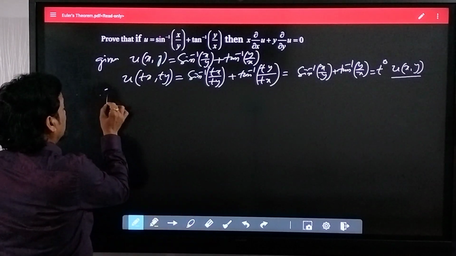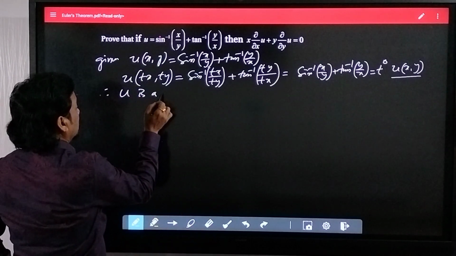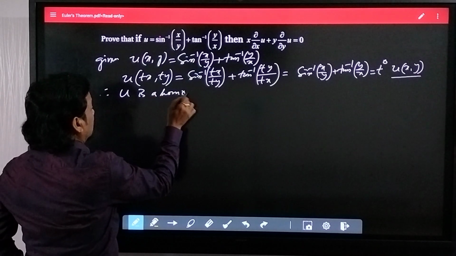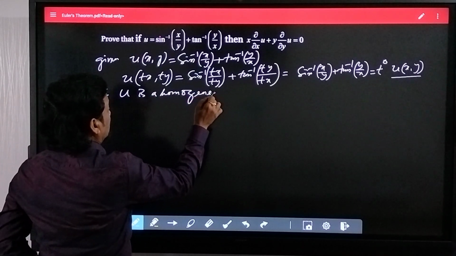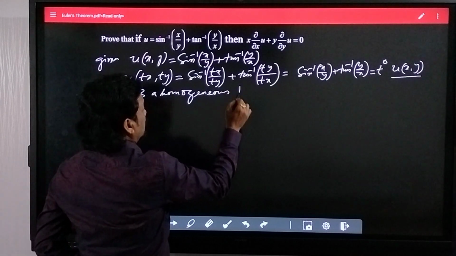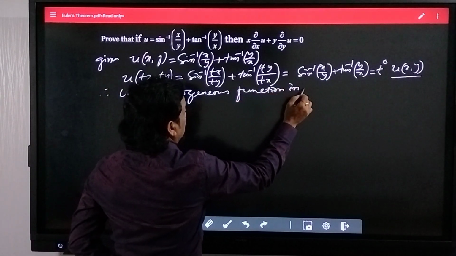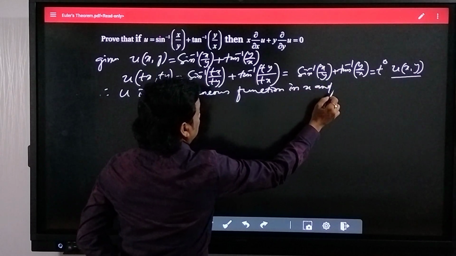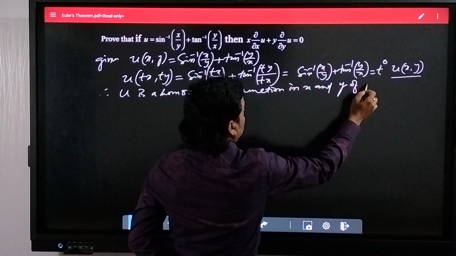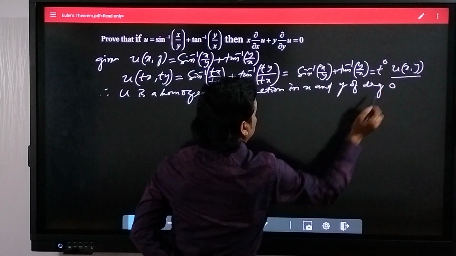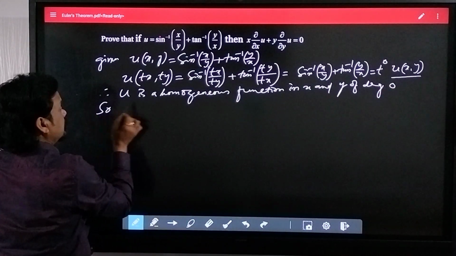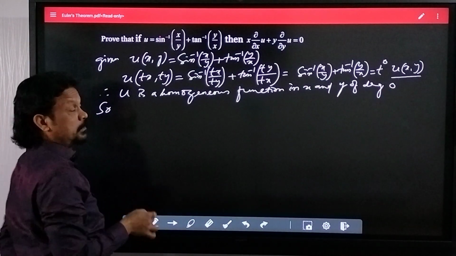Therefore, u is a homogeneous function in x and y of degree 0. So, since it is a homogeneous function, we can apply Euler's theorem.